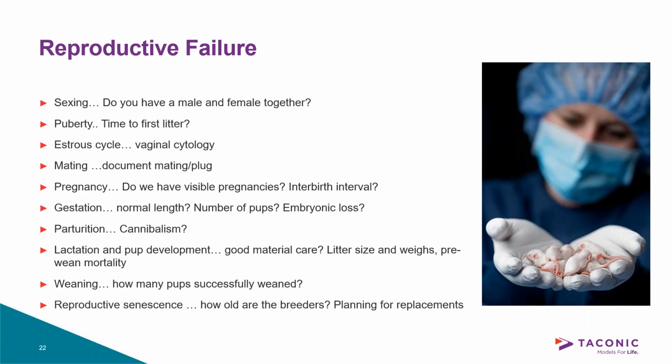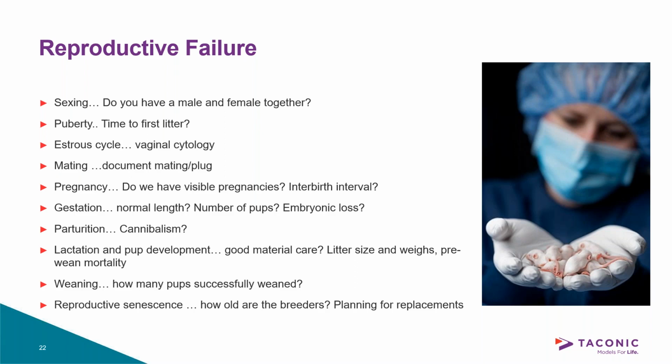One thing when we're managing the whole colony is, are we set up for success to keep this colony going over time? It can be very common to get excited that you have pups and you can do your experiments, and you forget to plan that some of those pups need to be your breeders for the next generation. Tracking generations is important as well, especially with transgenics, where we could see a change in the phenotype over time.